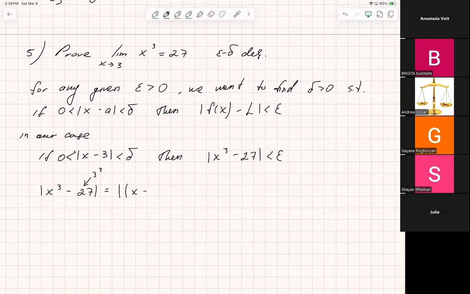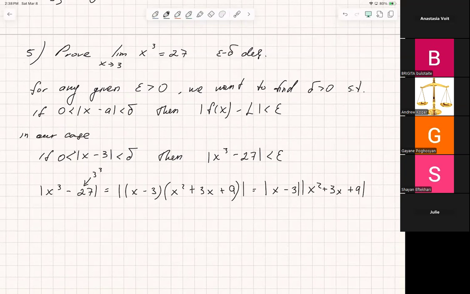So we would have x minus 3, and then x squared plus 3x plus 9, okay? And let's separate it into two absolute values: absolute value of x minus 3 times absolute value of x squared plus 3x plus 9.